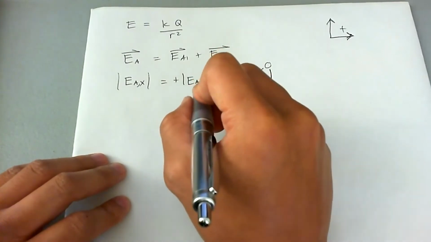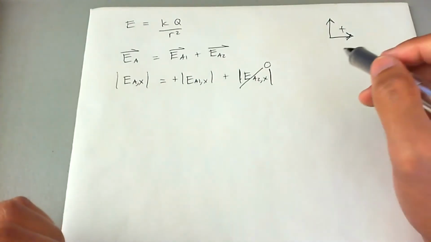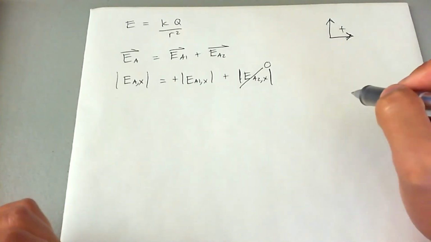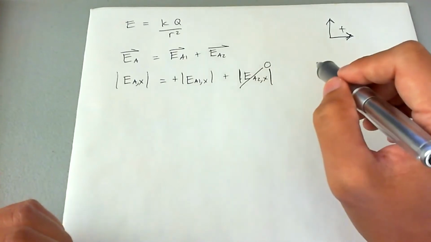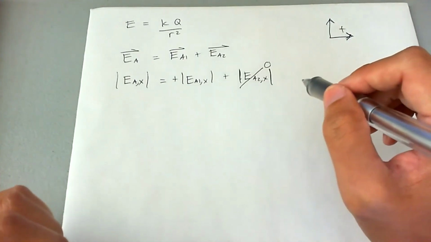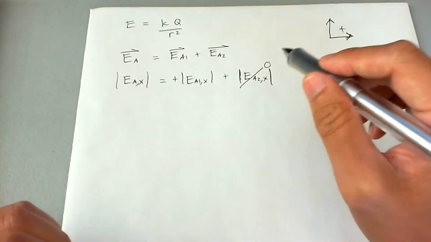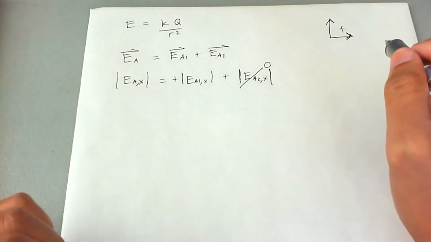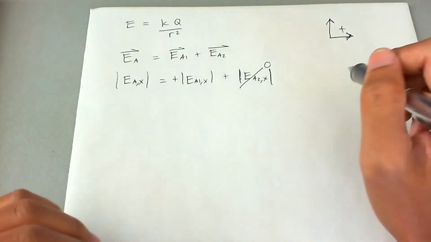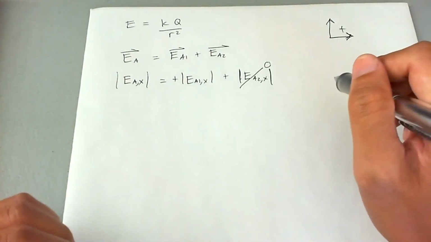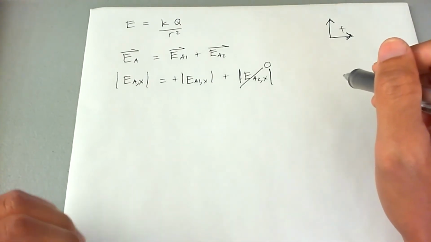Due to, again, alternate interior angles, we're going to see that the angle that Q1 is below point A is just 30 degrees. So to get the X component of Q1 at point A, you have to use SOHCAHTOA, and cosine works for the leg adjacent to the angle of 30 degrees. That happens to be, in this case, the X component.